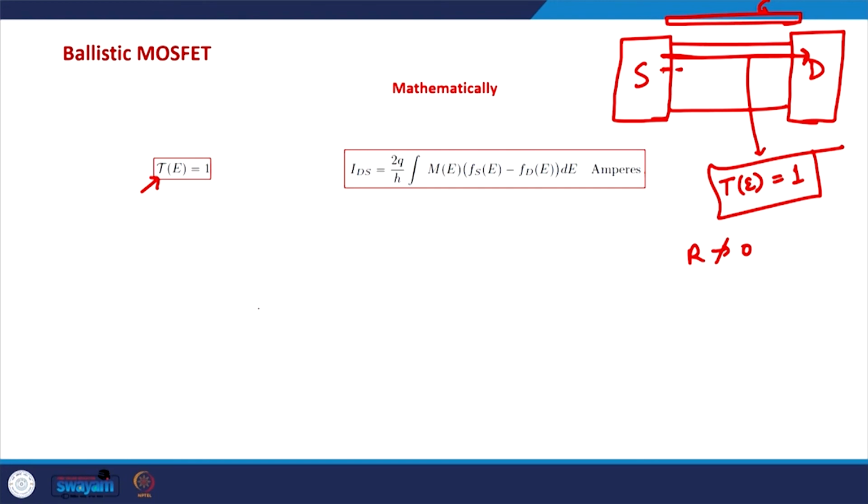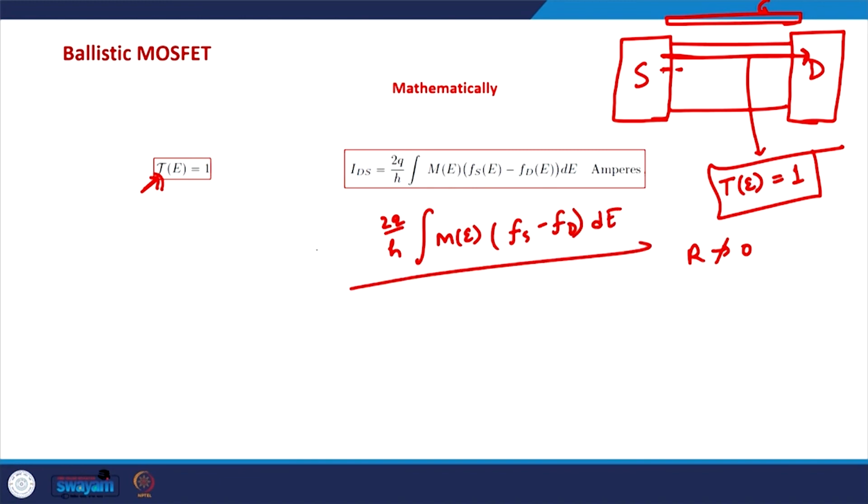The current expression, by putting T(E) equal to 1 in the Landauer formalism, becomes (2q/h) integral of M(E) times (Fs minus Fd) dE. This is the drain current in a ballistic MOSFET.